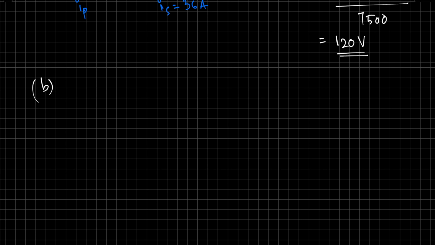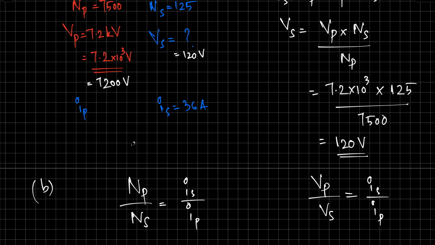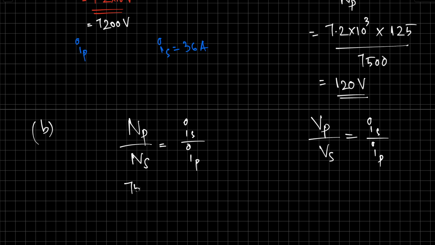We can use the equation NP over NS equals IS over IP, because number of turns and current are inversely proportional. You can also use the equation VP over VS equals IS over IP. You'd get the same answer. I'm going to use the first equation. What is NP? Number of turns in the primary, 7,500.